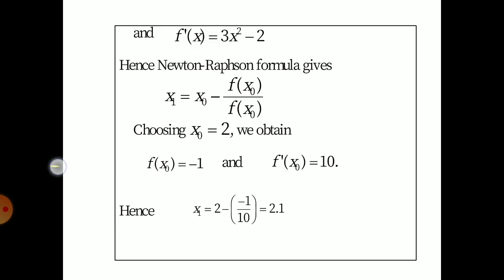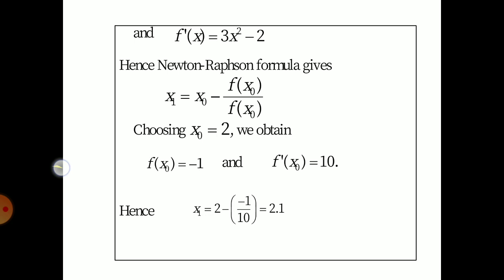The first approximation by the Newton-Raphson formula is given by x1 equals x0 minus f of x0 divided by f dash of x0. Again, this is a print mistake, divided by f dash of x0. We shall choose the first approximate root of the given algebraic equation as x0 equals 2.